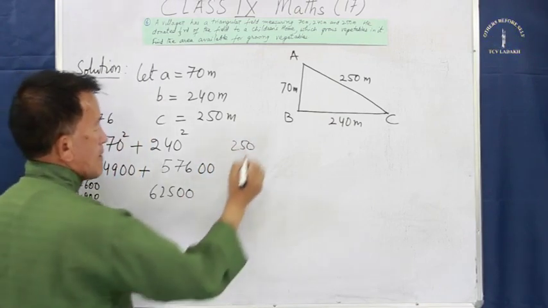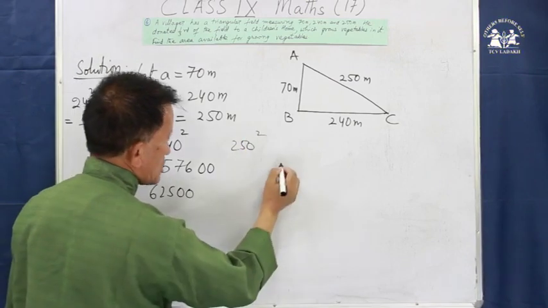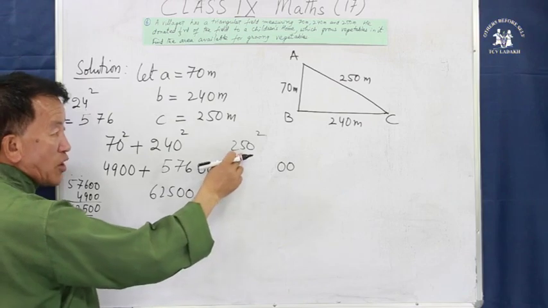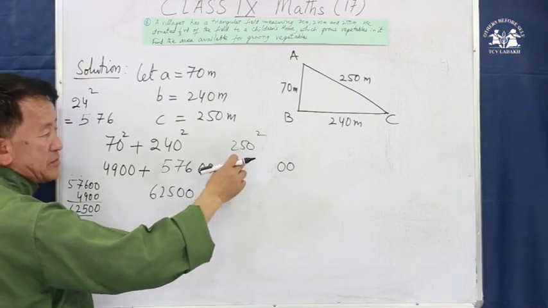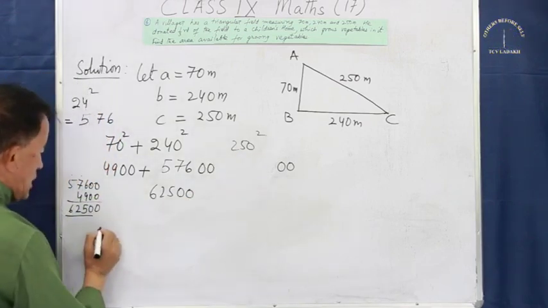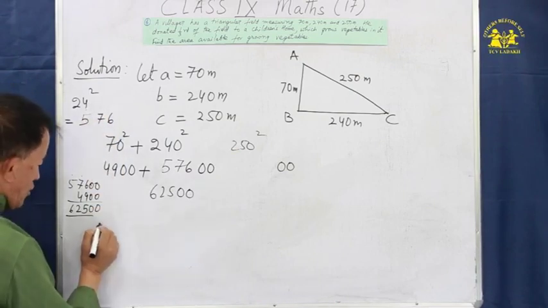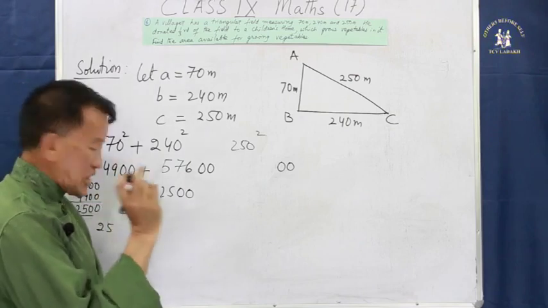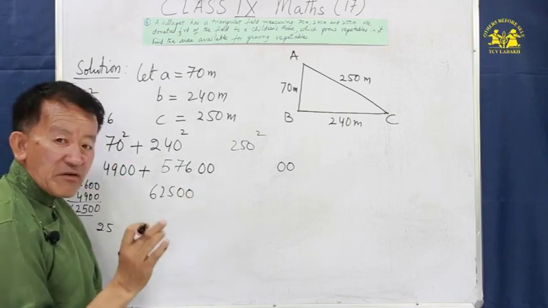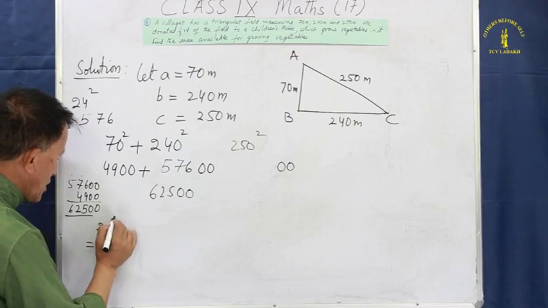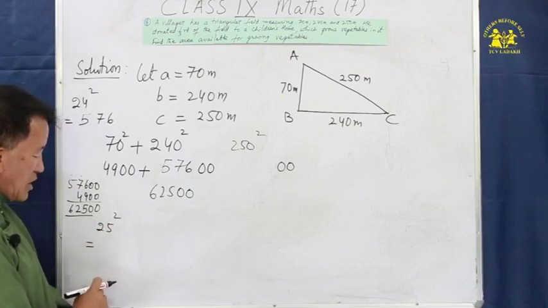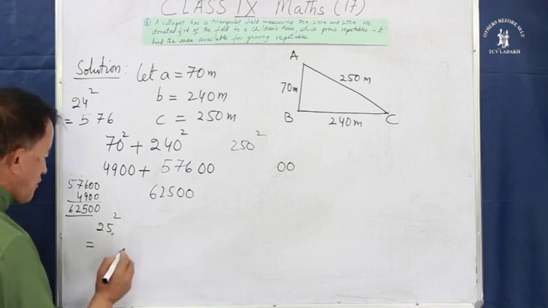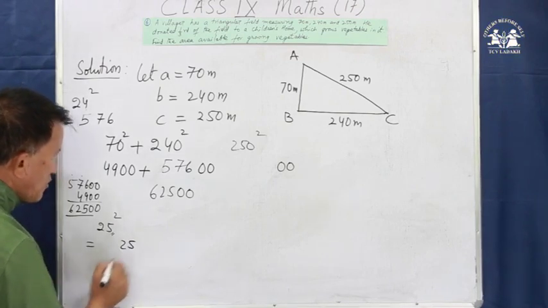250 squared: since the ending digit is 0, we shall write 2 zeros. Square of 25, like two-digit numbers ending with 5. The quick way of finding the square is to square the ending digit 5. 5 5s are 25.